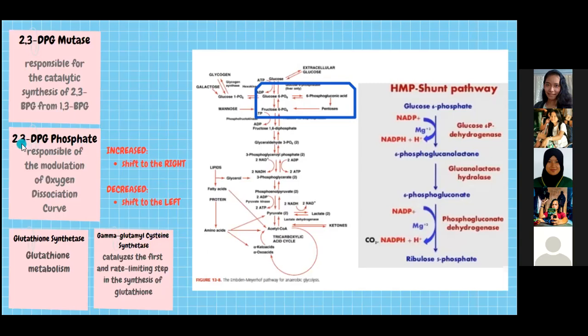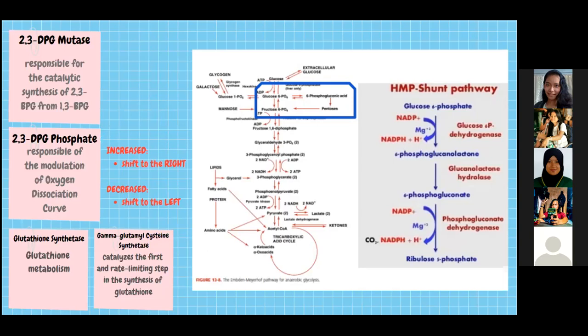This 2,3-DPG phosphatase is responsible for the modulation of our oxygen dissociation curve. Take note that if there is increased 2,3-DPG, the oxygen dissociation curve shifts to the right.